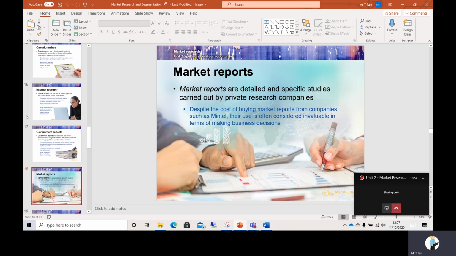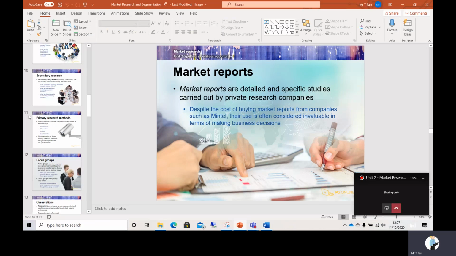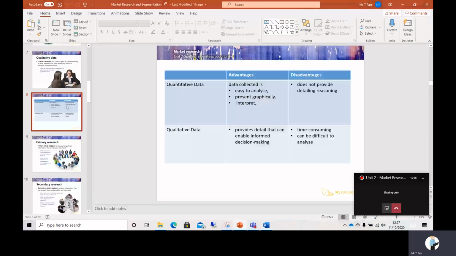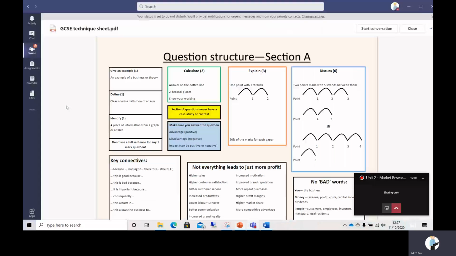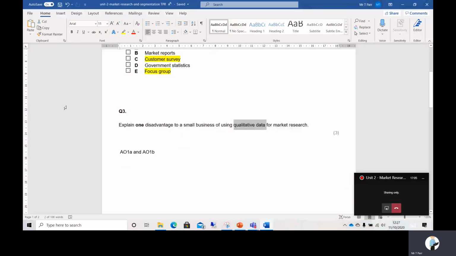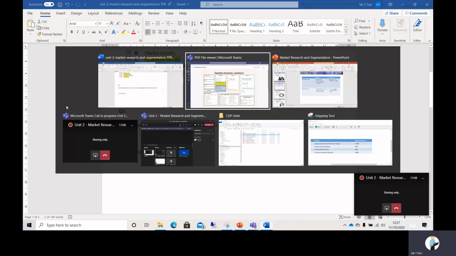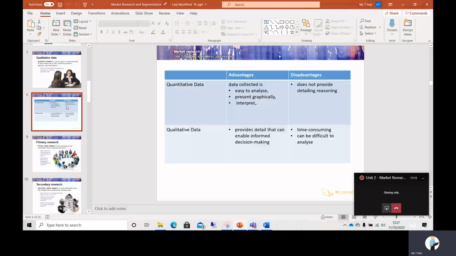Okay, let's go back and look at our table here. So it's asking us, let's go back to the question. One disadvantage to a small business of using qualitative data. Qualitative data can be time consuming and it can be difficult to analyze.